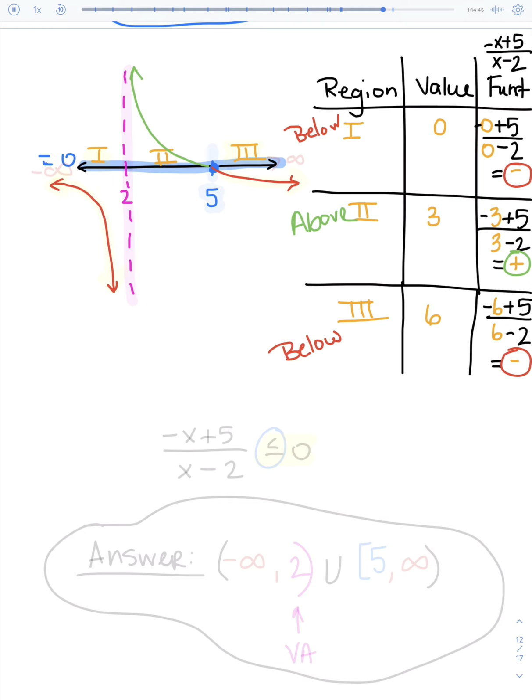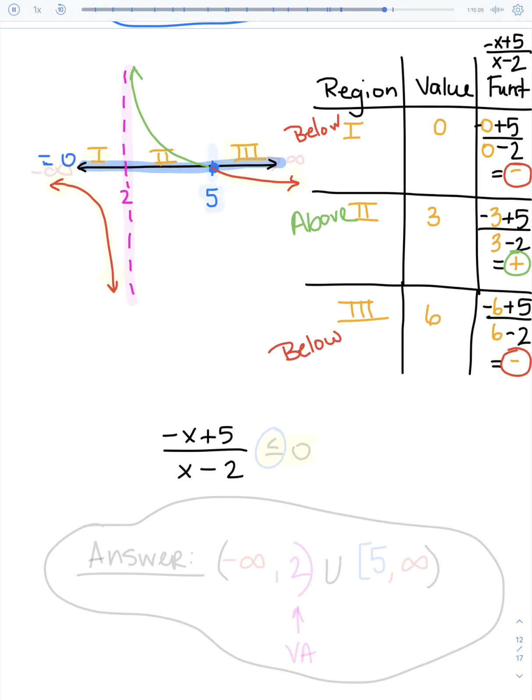Okay. So we've gotten everything we need once we finish our picture and our number line. However, we need to go back to the original and see what we wanted. Remember, what we were looking at was negative x plus 5 over x minus 2. And let's see what it was.